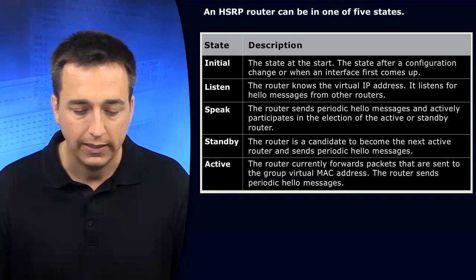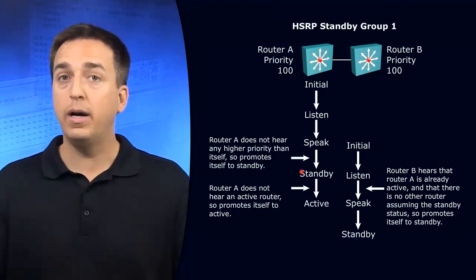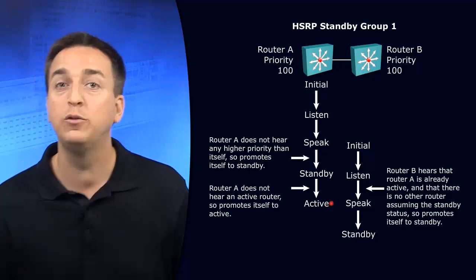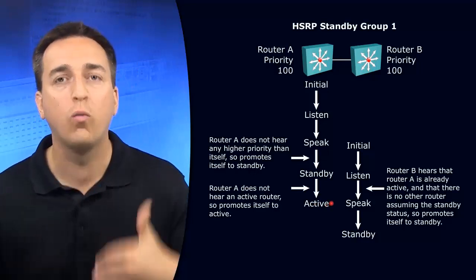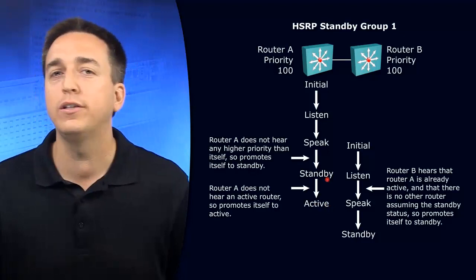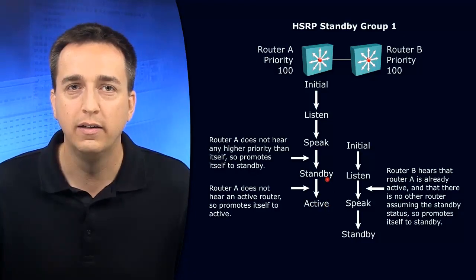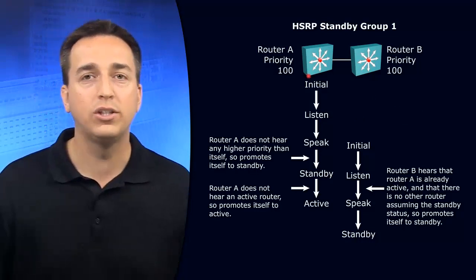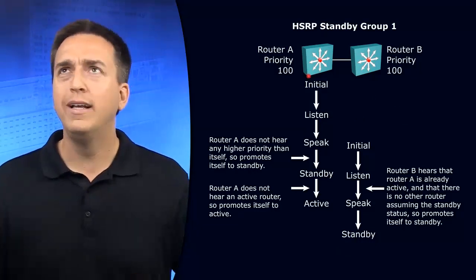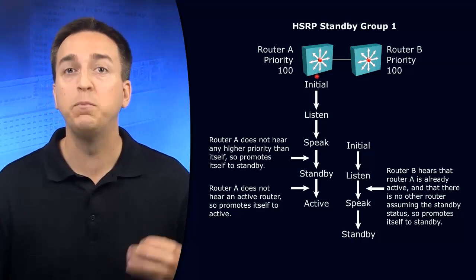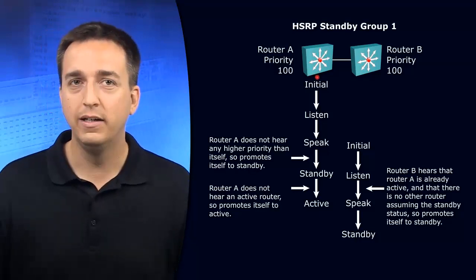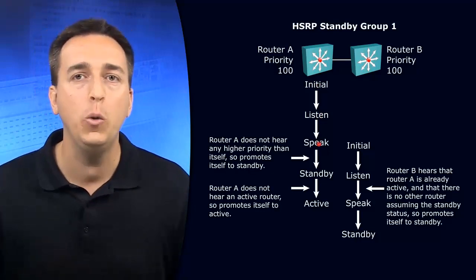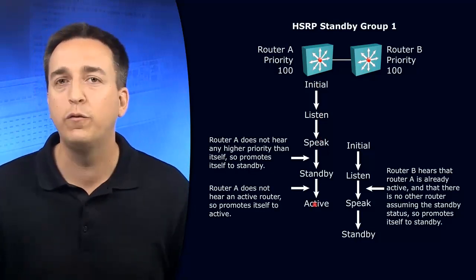And if for some reason there is no standby router currently, or no active router, well, then you'll promote yourself to active. However, if there's already an active router, then you'll promote yourself to standby. Notice what's happening here during this race. Router A was started much earlier, or configured for HSRP on the interface much earlier than Router B. So when initial, listening, speak, realized there was nobody else out there, promotes itself to active.